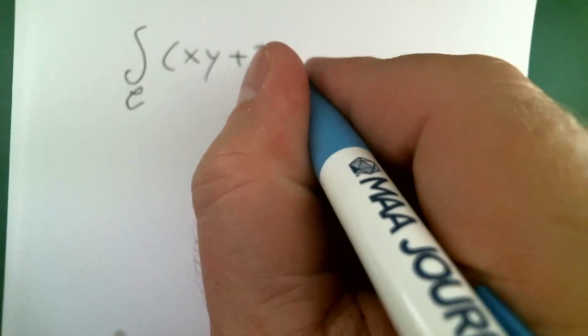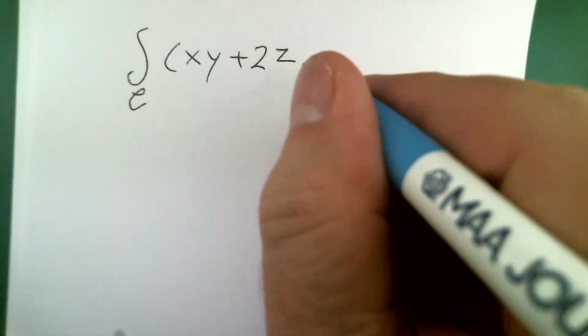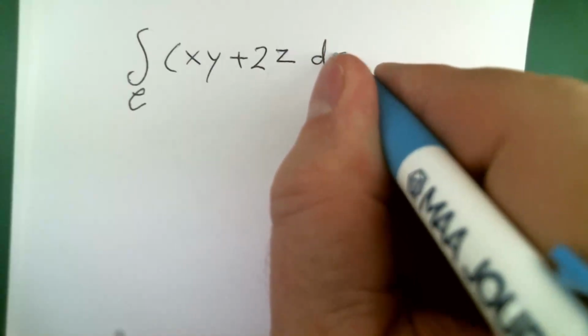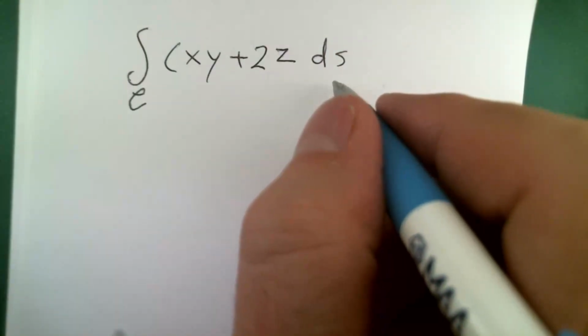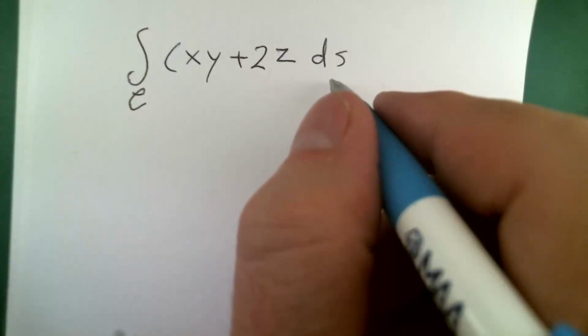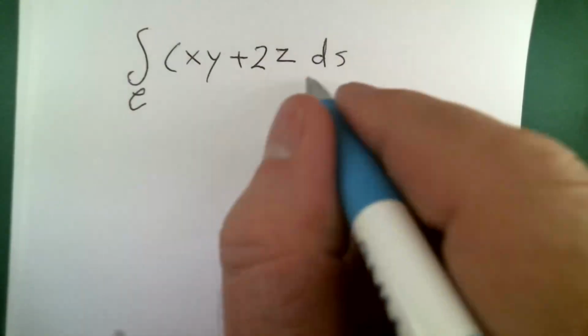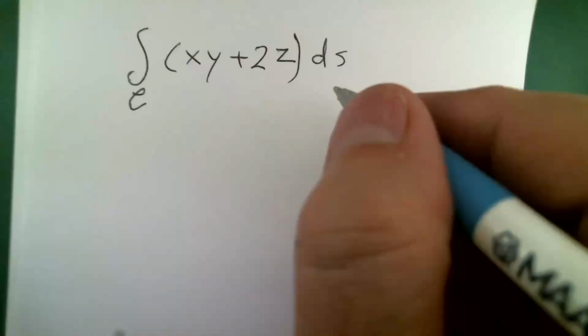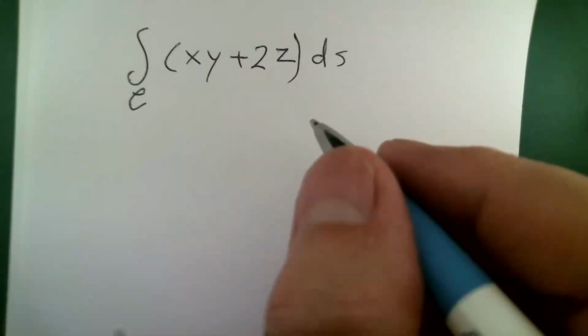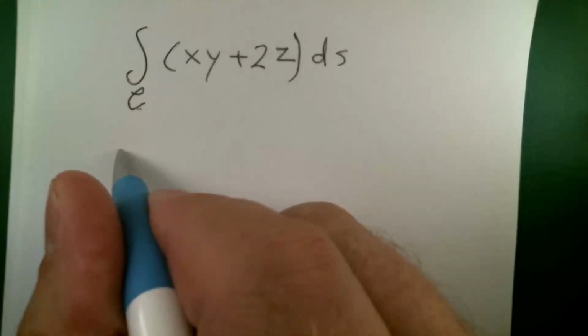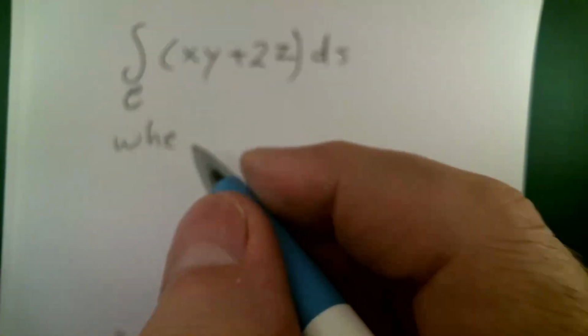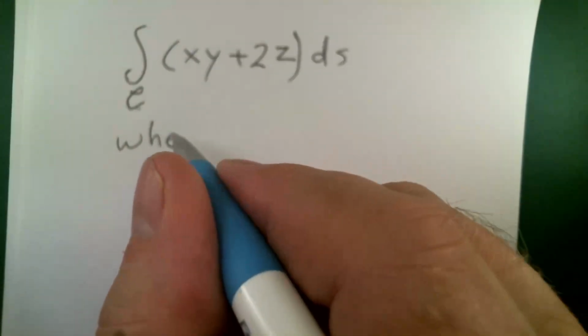It's weird that that has all three variables in it. Oh, well, because this integral is happening in R3. That's why it's got all three variables in it. Well, I don't think that's going to change anything. We're going to let C be the line that goes from (1, 0, 0) to (0, 1, 1).